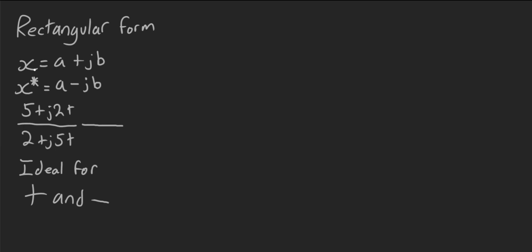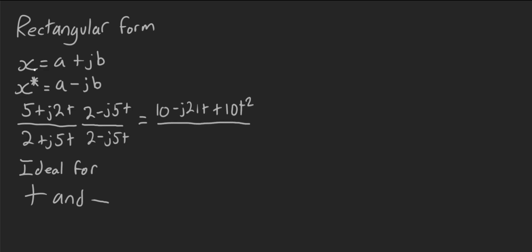You would use the conjugate of the denominator, like this, multiply the top and bottom by the original bottom conjugate, and this would simplify into 10 minus j21t plus 10t squared over 4 plus 25t squared.